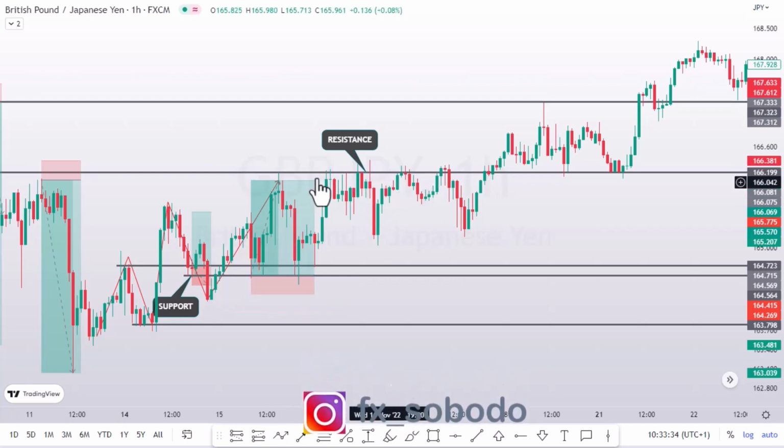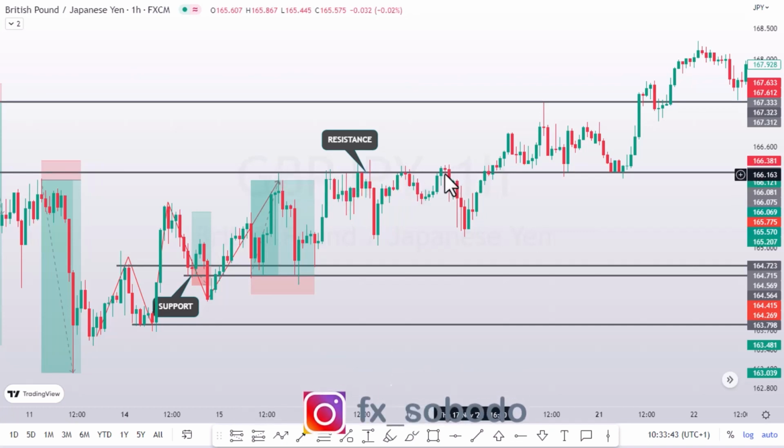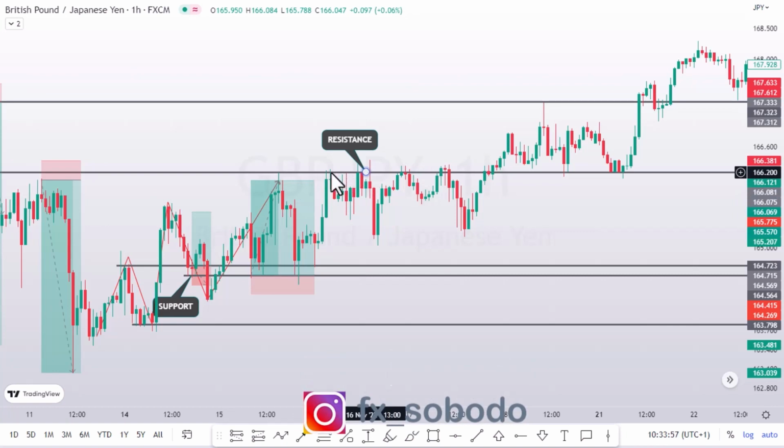Like if you notice here, 1, 2, 3, 4, 5, 6, 7. You see here we have multiple bounces at this level, thus making that support and that resistance line sustainable. This is a sustainable resistance. This is how you draw it, by placing your line on multiple bounces where price rebounds multiple times.